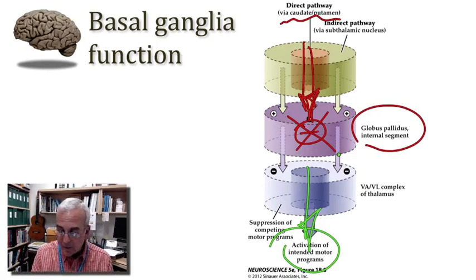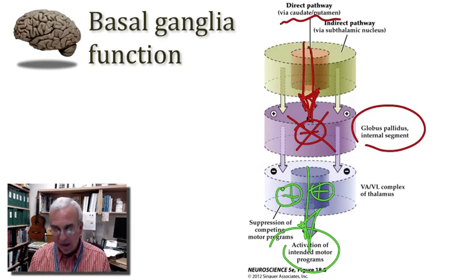Consequently, the motor thalamus is released and fires action potentials that then trigger the output of the motor cortex. So this is what happens with respect to the motor programs that we actually intend to activate.